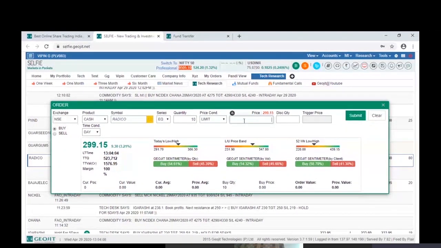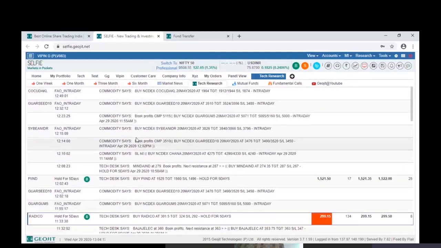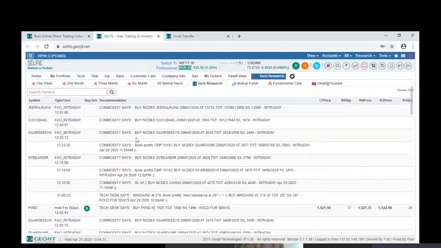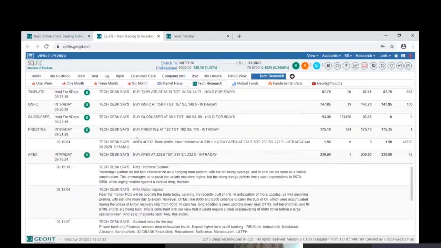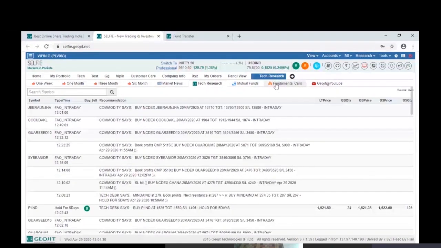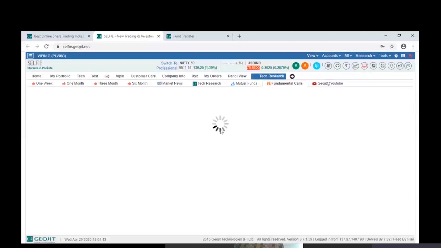Now, fundamental calls basically mean we go into the balance sheets or the P&L or the company books, as we say, and we give an advice based on doing research with the company books. So it's a long-term call which we give for fundamental, whereas technical normally gives a short-term call.